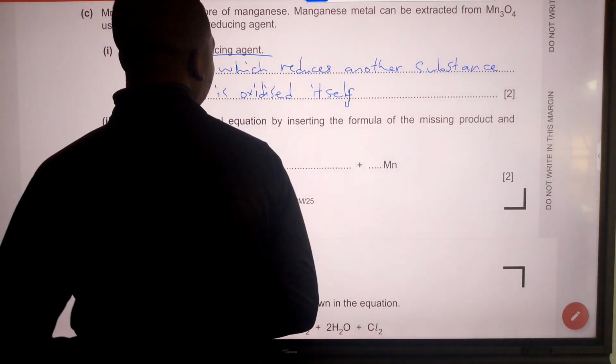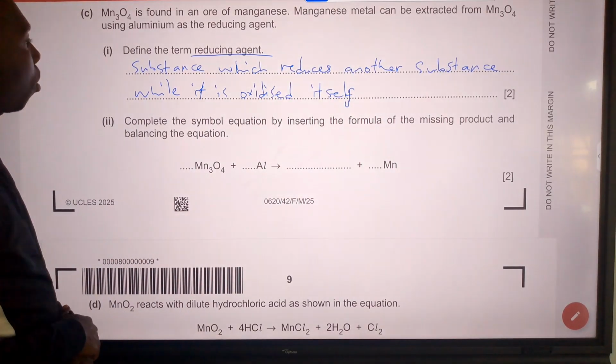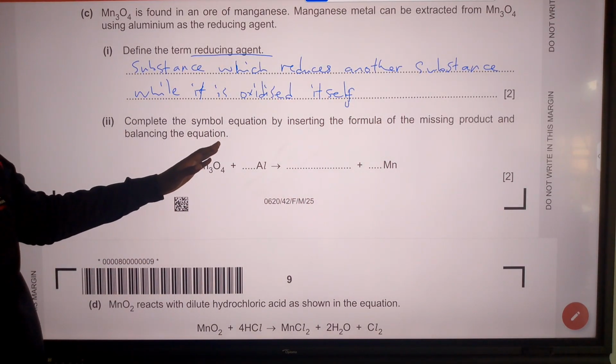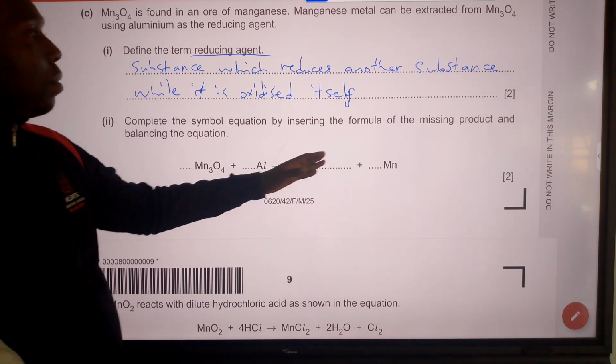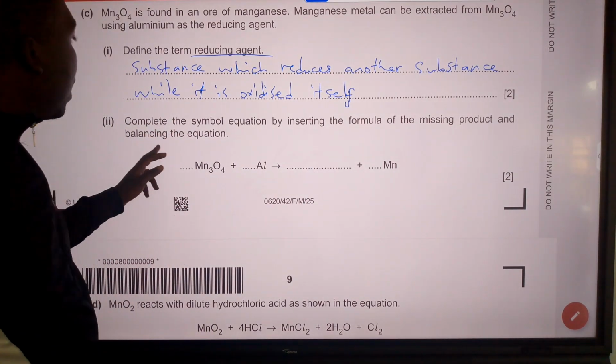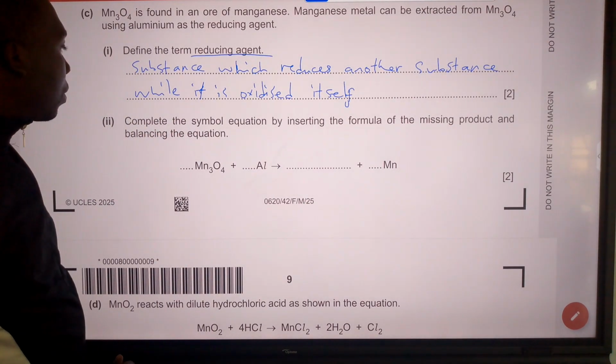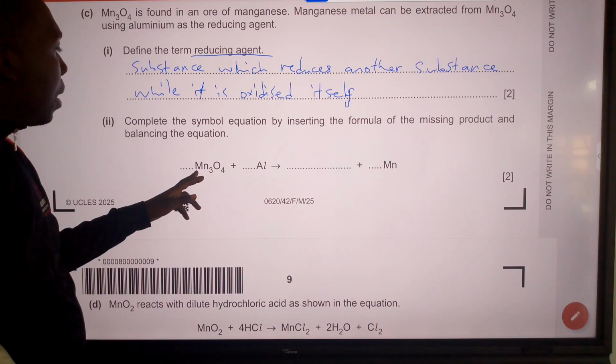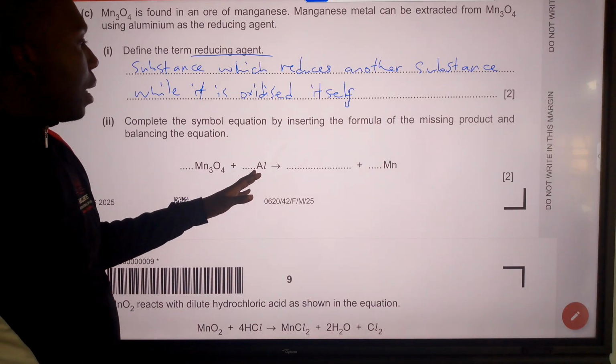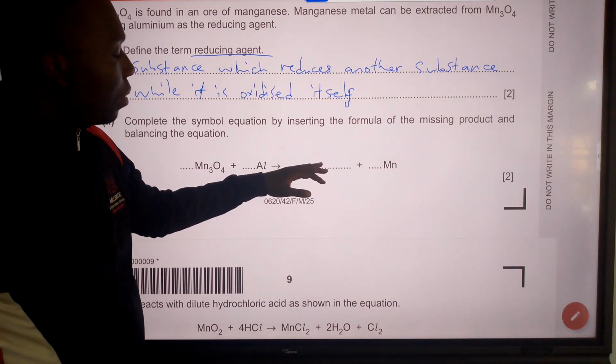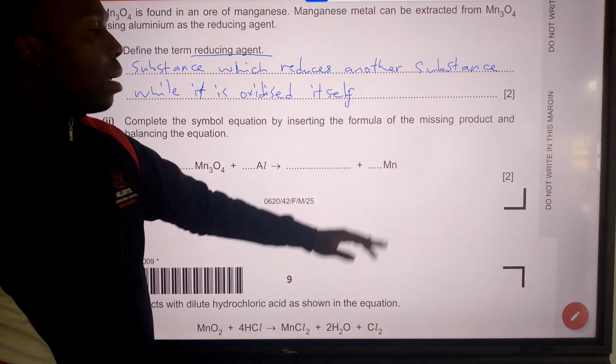The next question reads, complete the symbol equation by inserting the formula of the missing product and balancing the equation. So this is the equation. We have our Mn3O4, aluminium, the missing product here, and Mn.